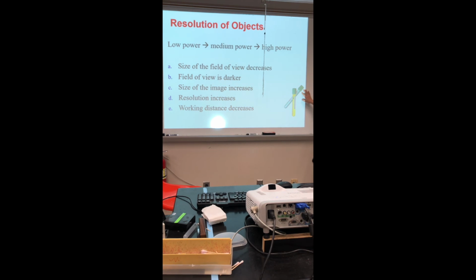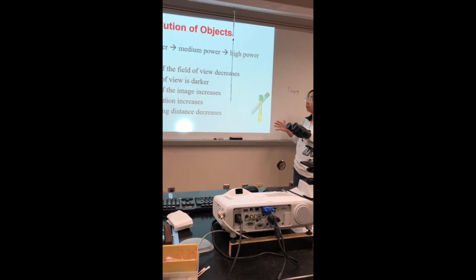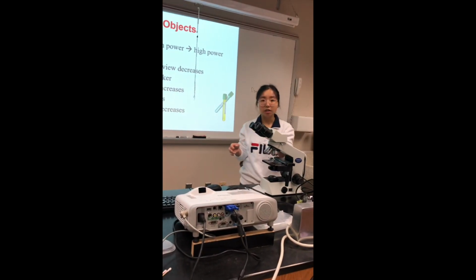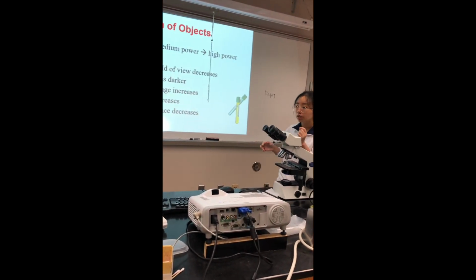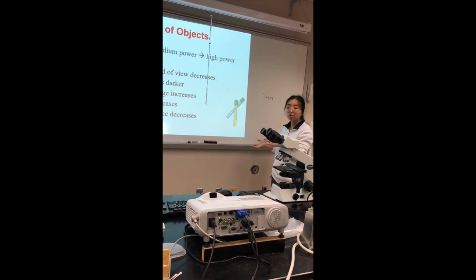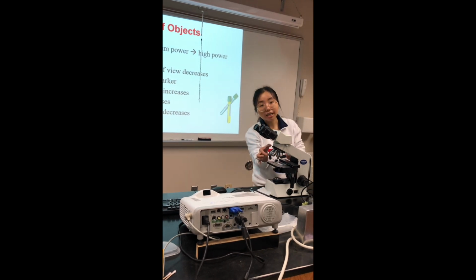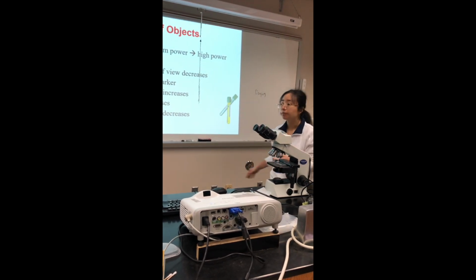There are some interesting tips from low power to high power. When you go from low power to medium power to high power, you notice first we have the shortest objective length, or 4 times would be the shortest objective length. To the medium power and high power, our highest power oil immersion lens is our longest objective length.